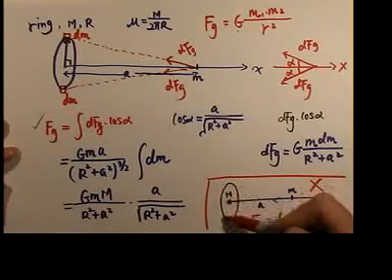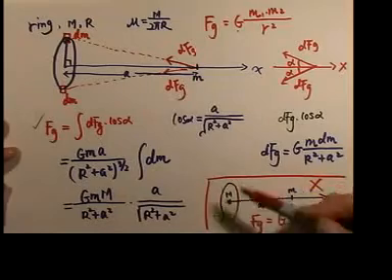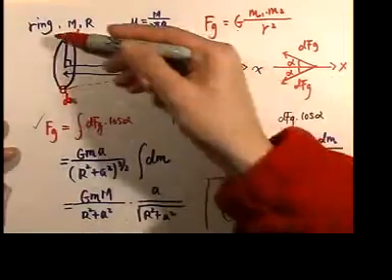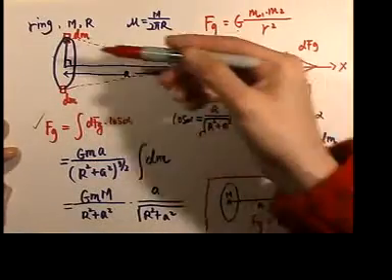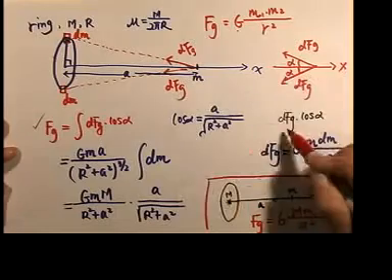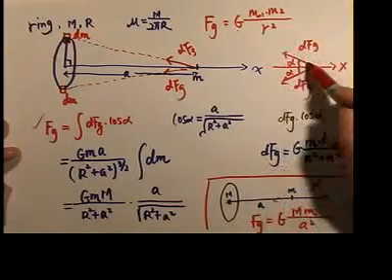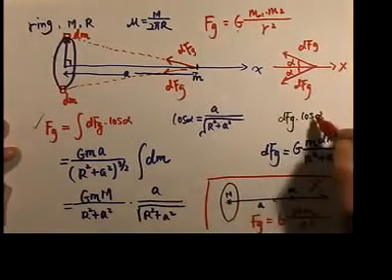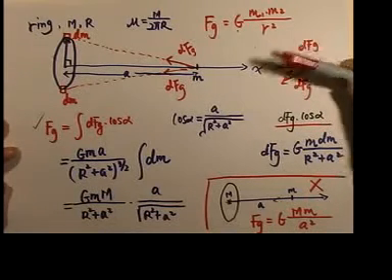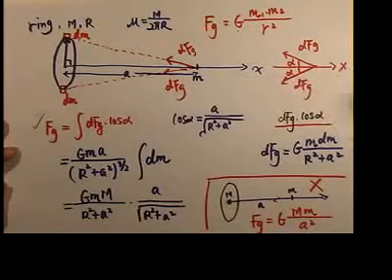The ring is not a spherically symmetric distribution. So you have to cut a slice dm and find the attraction between this point mass and that point mass, and that is our dFg situation. Eventually we figured out we have to add all the x components of the gravitational attraction and we get the net force.